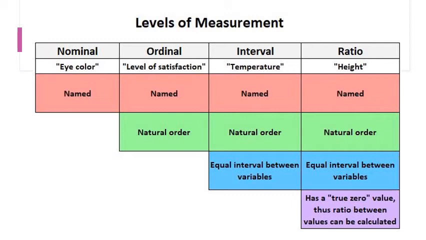If we're talking about Celsius or Fahrenheit, the true 0 point isn't really 0 because there are negative numbers associated with it. However, if you're talking about temperature in terms of Kelvin, where there is a true absolute 0, that would be a ratio variable. So keep that in mind, that temperature can also be considered an interval because the 0 point doesn't represent a true 0 point.